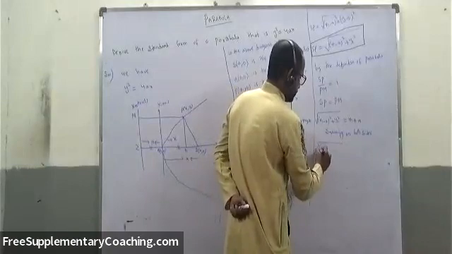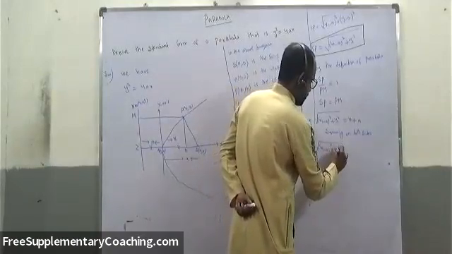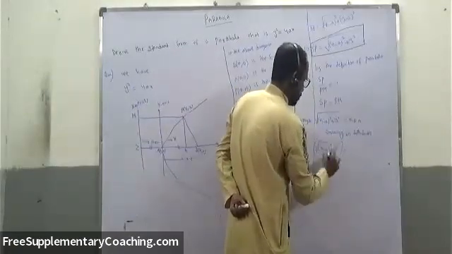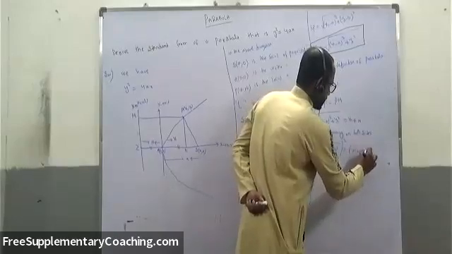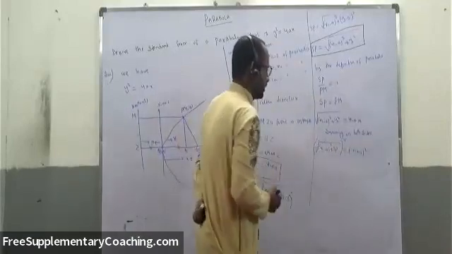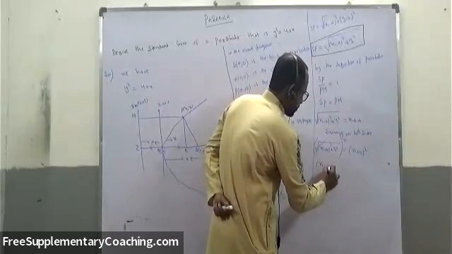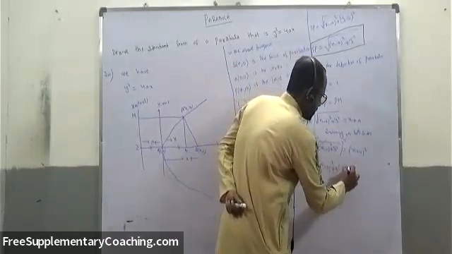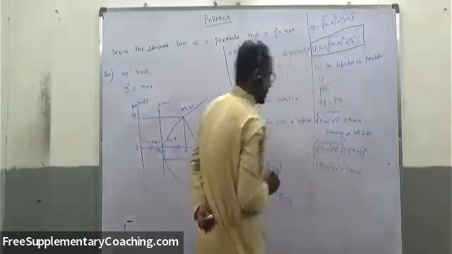Root over X1 minus A square plus Y1 square, whole square, is equal to X1 plus A square. This square and root get cancelled. So we are getting here X1 minus A square plus Y1 square is equal to X1 plus A whole square.